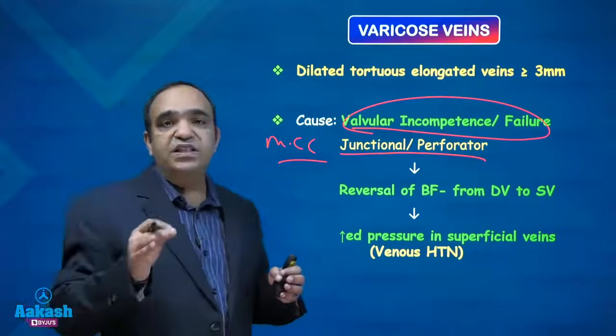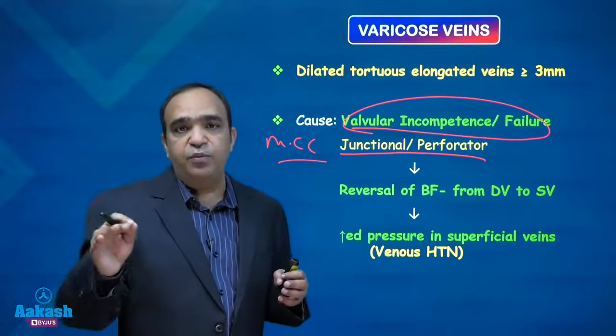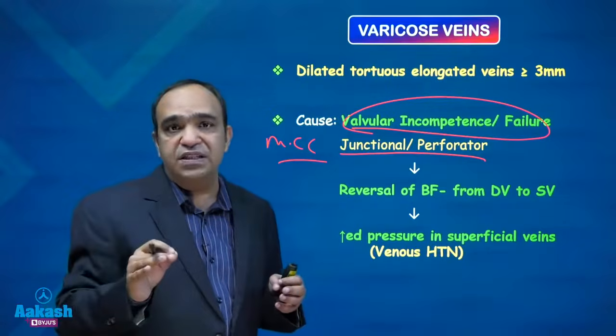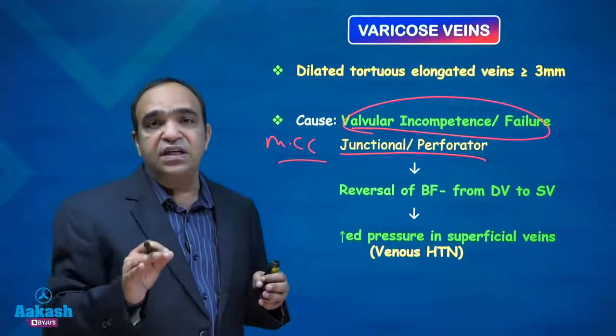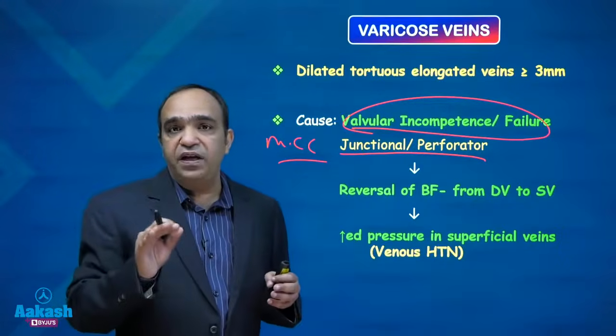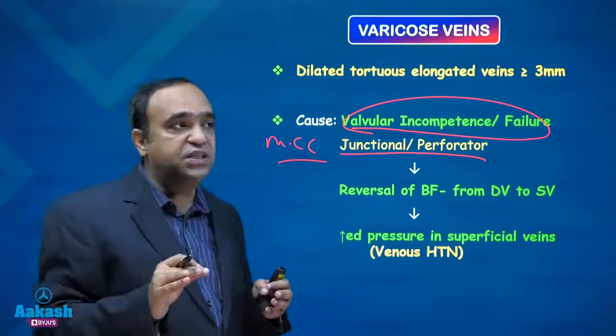So these are two major superficial veins. So they're terminal junctions, right? The saphenofemoral junction and saphenopopliteal junction. So whenever we talk about junctional incompetency, we are talking about the failure of the junction, that is saphenofemoral and saphenopopliteal junctions.